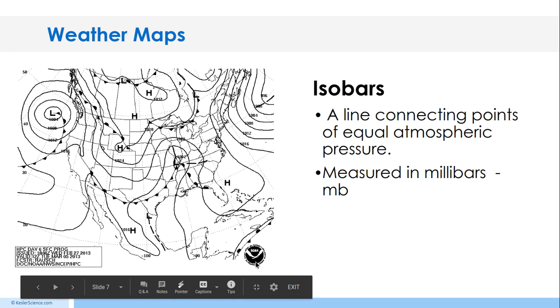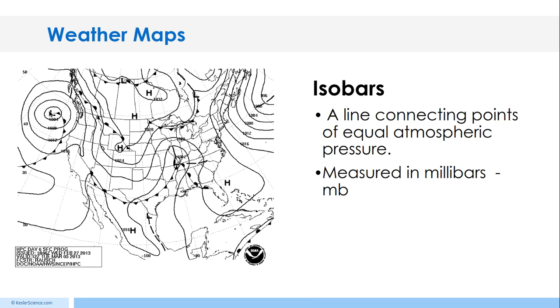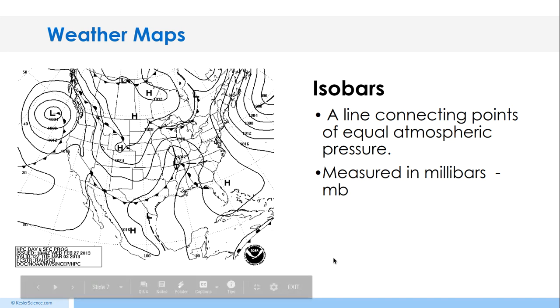We measure these in millibars. If you take a look at your maps, you'll notice that I have millibar readings. Here's 1016, 1024, 1004. So here's a low pressure system because of the millibar reading. And then 996, there's a low pressure system. A high pressure system, if you'll notice right here, is 1032.